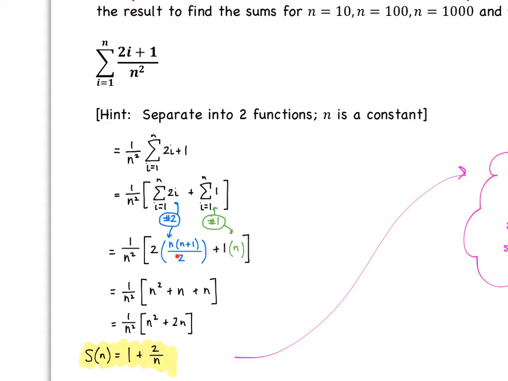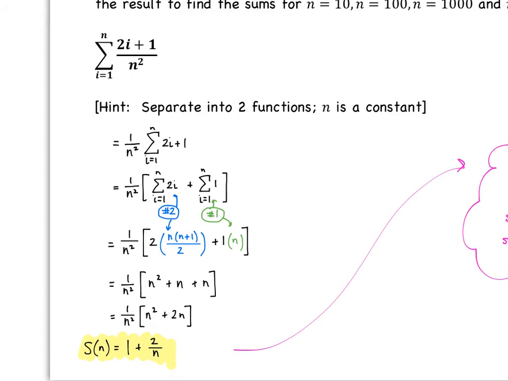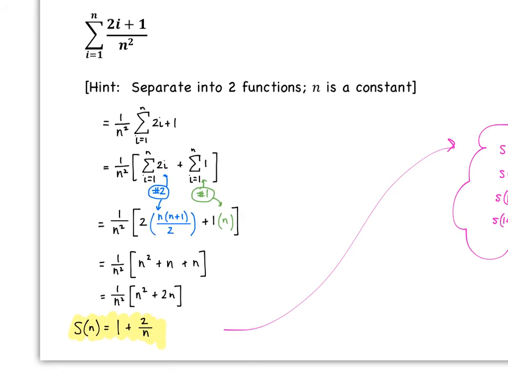When we do, the 2's are going to cancel here, distributing n squared plus n, and then we have this plus n here, gathering all of the like terms, and then we can distribute this 1 over n squared, and in the end, we get our sum without the summation notation, and so s of n is equal to 1 plus 2 over n when all is cleaned up.